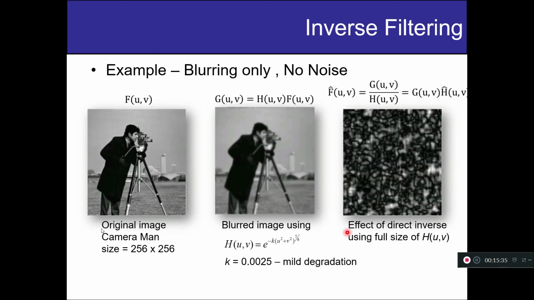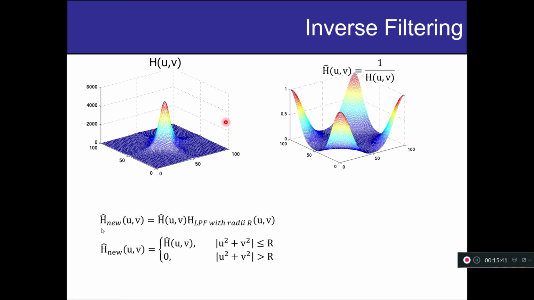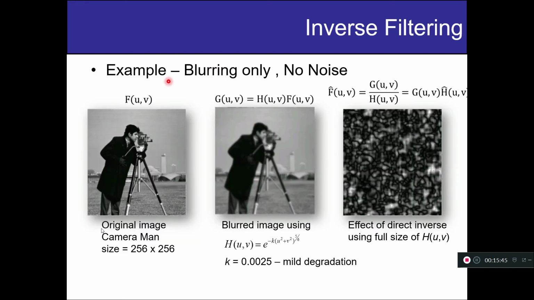This is an example of the effect of cascading this process with another low pass filter. This one is the ideal image without any blurring effect, and this one is your image G. Of course, this one you cannot obtain.